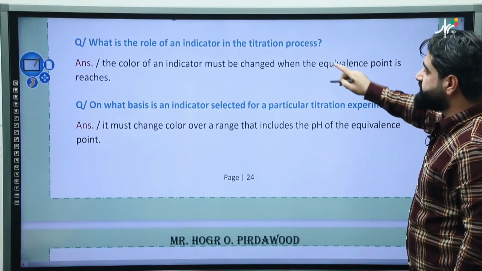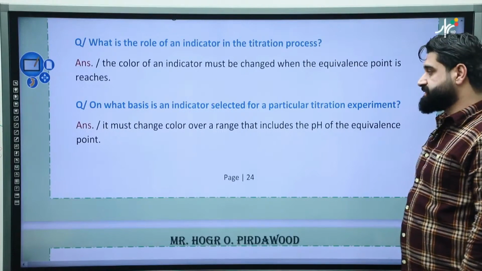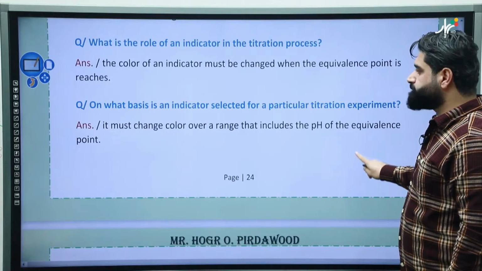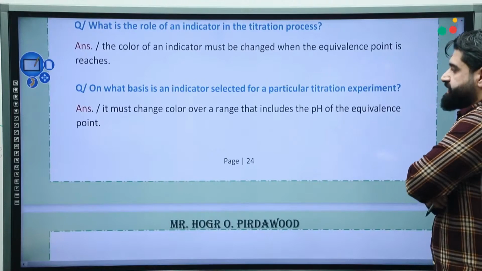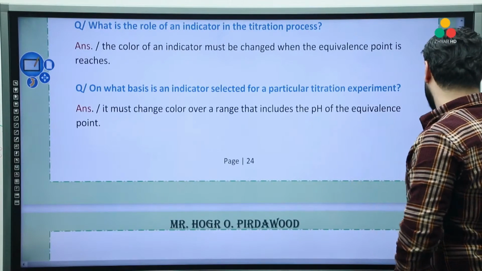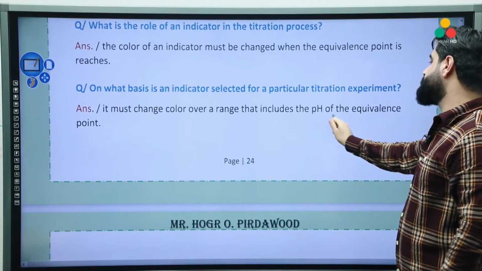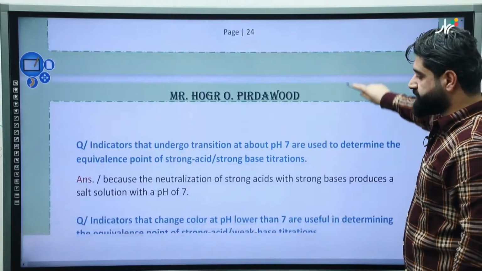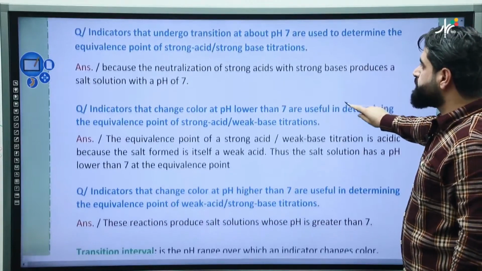What is the role of an indicator in the titration process? As we said, the color will change. On what basis is an indicator selected? As I told you, the pH value. So according to the pH, we will select any indicator for any titration process.